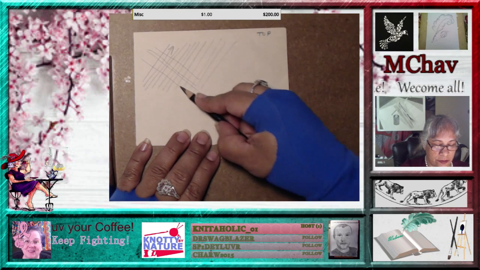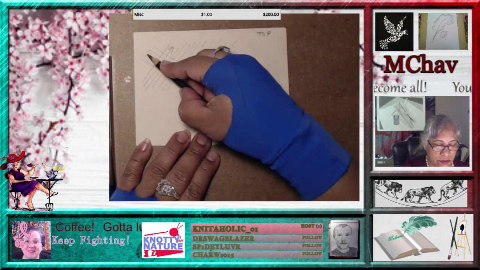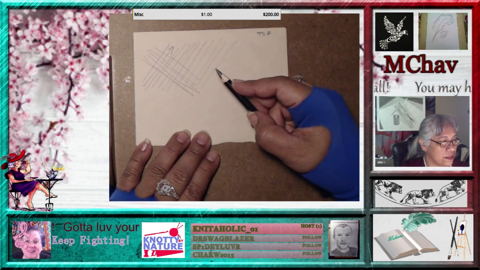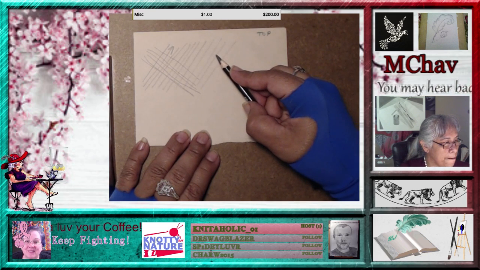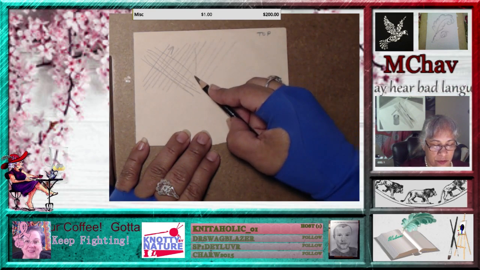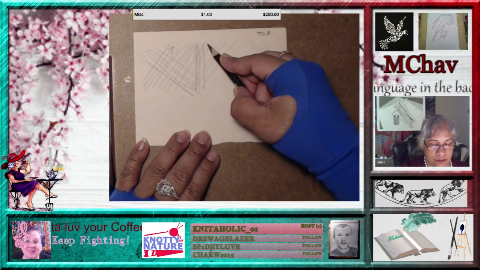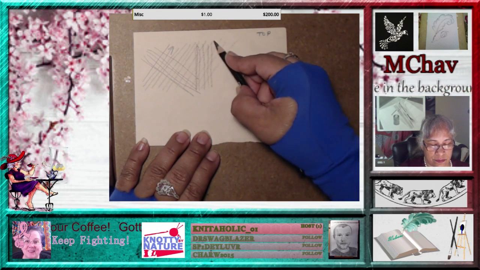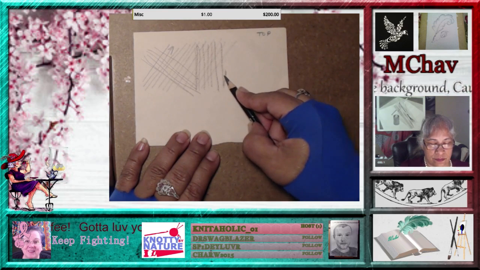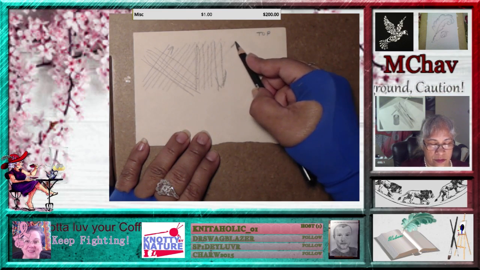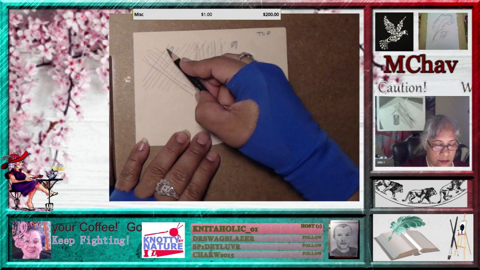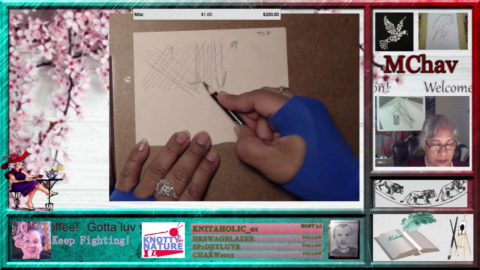And you can see that the lines more or less go straight. Then you will also want to practice going straight down. Okay, this one went this way. This one went this direction.